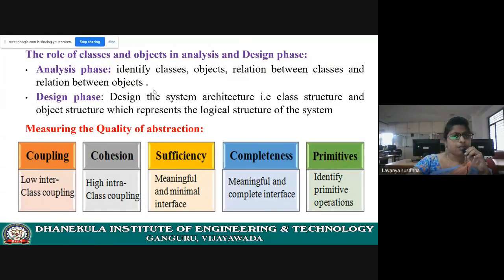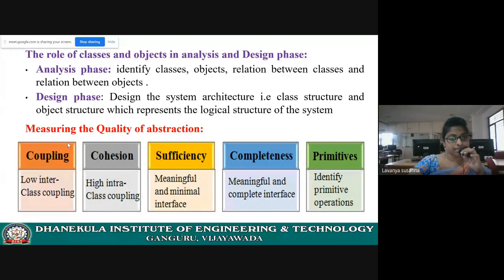After that, you need to know whether you have well designed the classes and objects. If you want to measure it, you need to use some metrics. Using these metrics you can measure the quality of the classes, whether you have designed them very well or not.